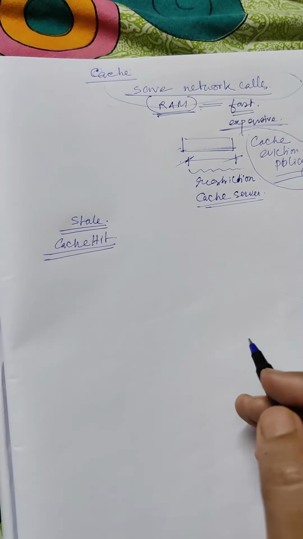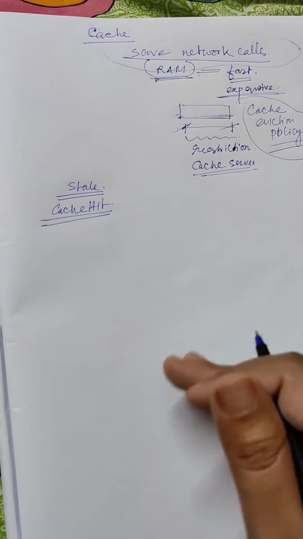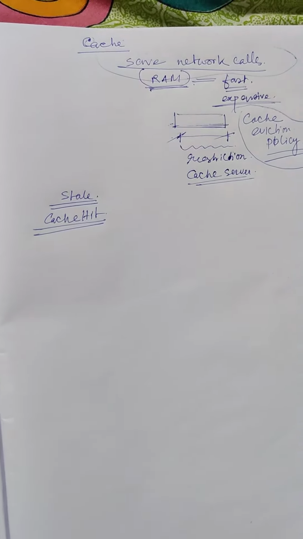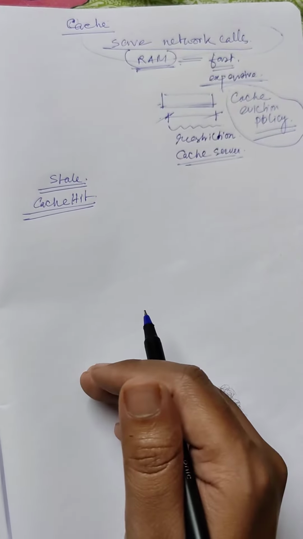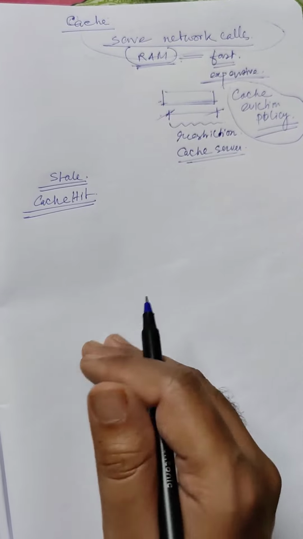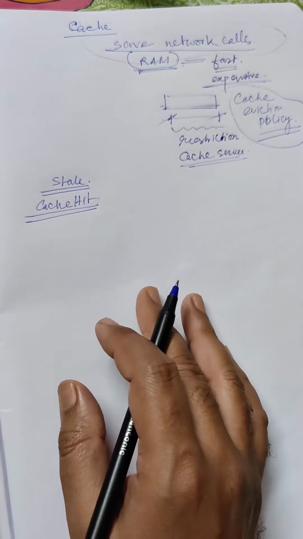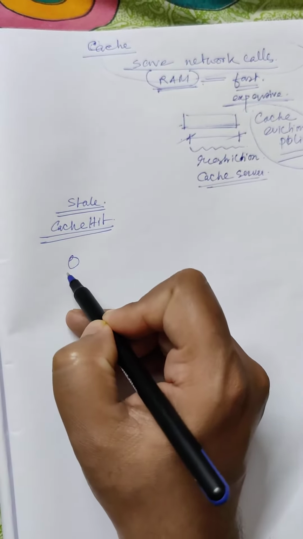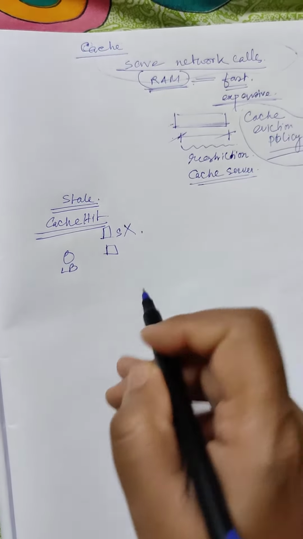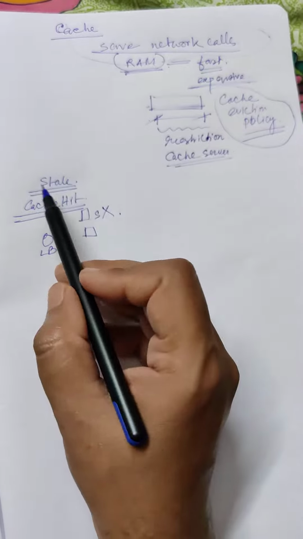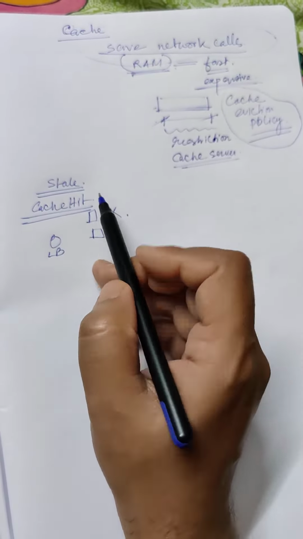Cache hit means when someone is requesting data and it is found in the cache. If it is not found, when the requested data could have been found in the cache but is not there, that is a cache miss. Suppose a server goes down. Our load balancer will have to forward the request to a new server.